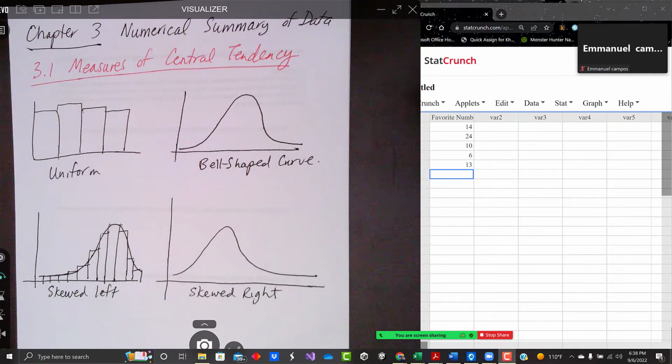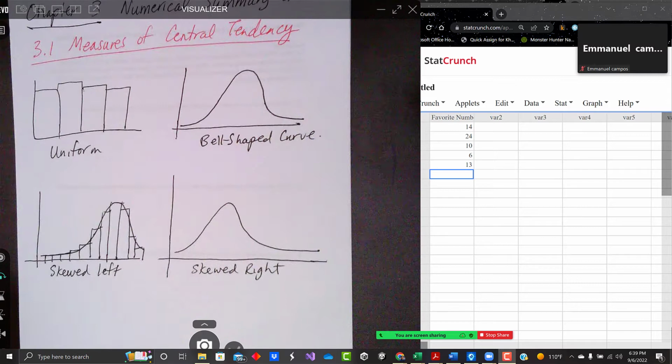So generally one thing we want to do is know where the center of the group is, the average value. And uniform, it's kind of like, well, everything's got a similar value. It's not the most friendly one to work with. But let's talk about that center thing.